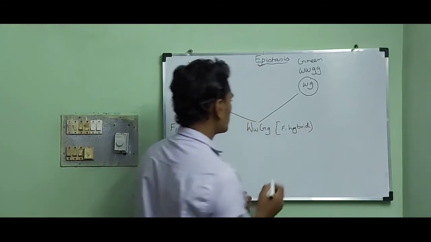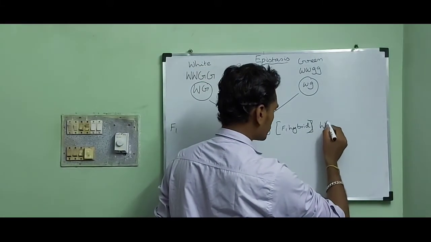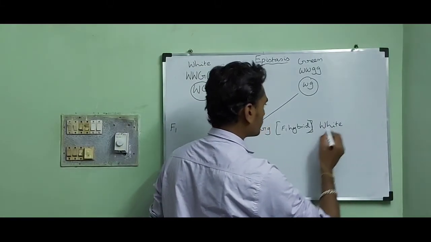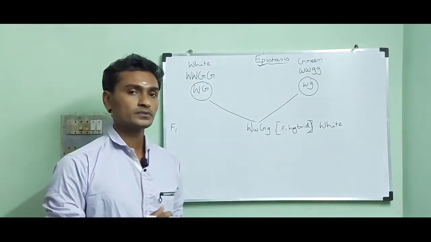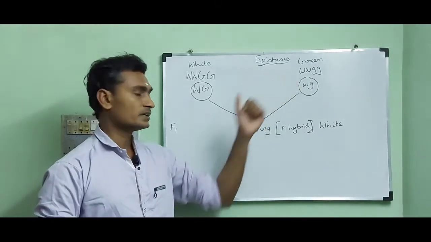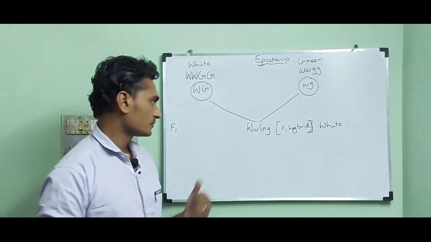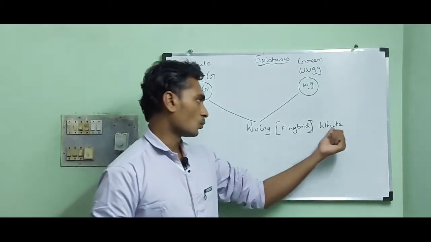It shows the phenotype white. So in Cucurbita pepo, the fruit colors are three. They are white, green and yellow. Here the epistatic gene is present, so the fruit color is white.